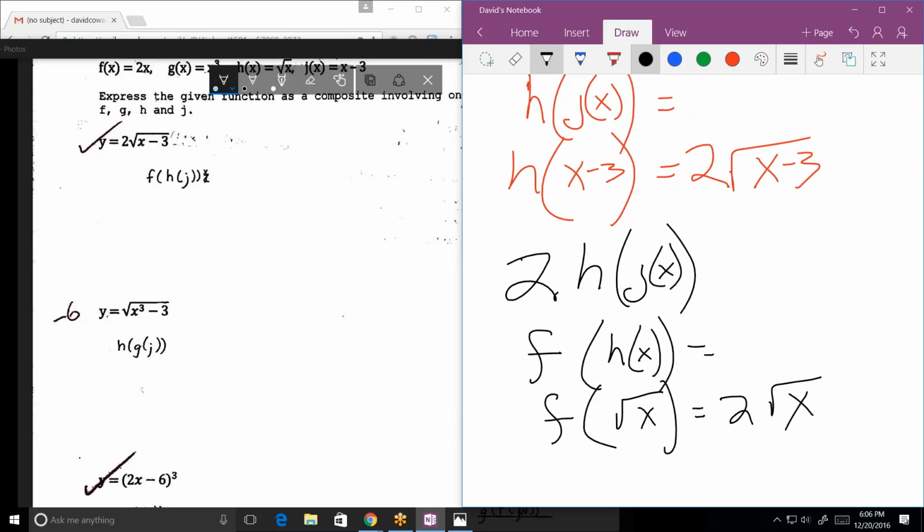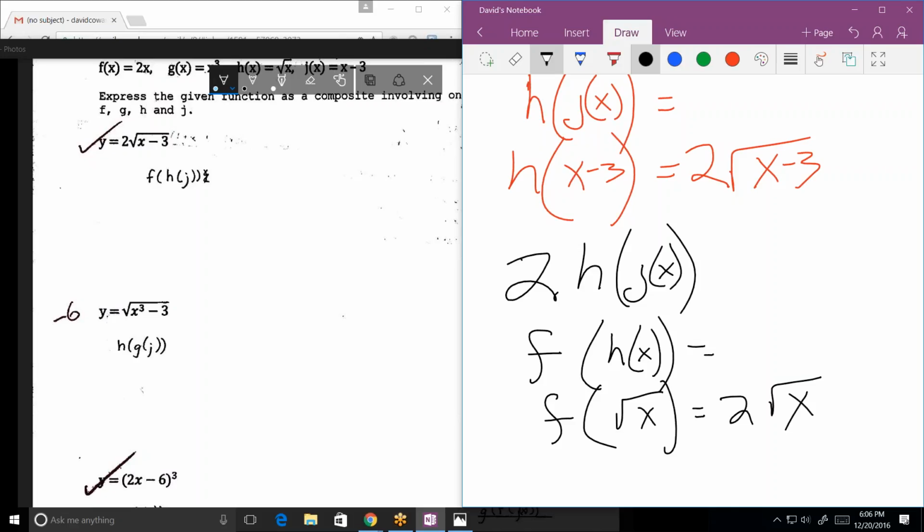I'm slightly confused about that. Yeah, I don't blame you. It can be confusing. That's why you have to kind of look at it like this. Whenever you see a composite function, f of another function, the very first thing you should do is fill in the other function. Well, we know h of x is square root of x, right? So now, do you know how to take f of square root of x?